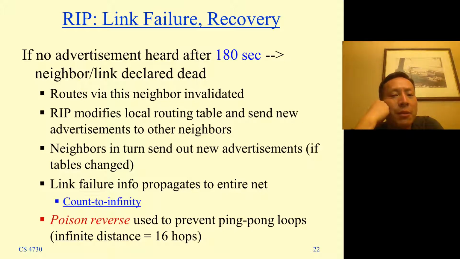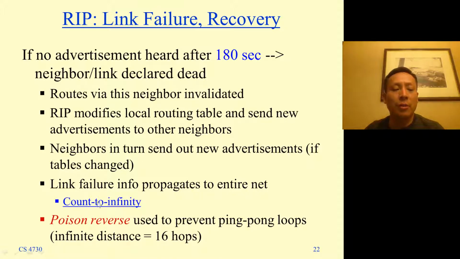So RIP needs to modify the local routing table and send advertisements to the other neighbors. So this is kind of the counting to infinity problem, right? Even with better news, it takes time for you to decide it is dead, and then you need to recalculate and send this new distance vector to your neighbors. It takes time. And your neighbors will send further advertisements to their neighbors, right? So it's a typical counting to infinity problem.